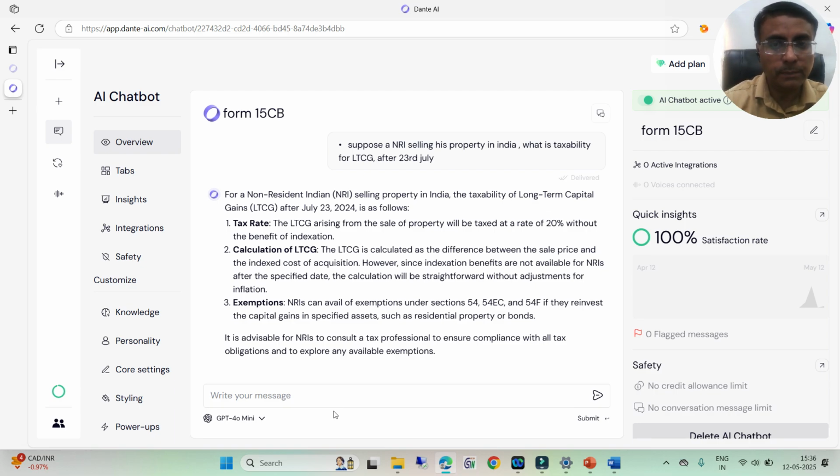Suppose you are selling a DLF flat for 10 crore; it is 12.5% because you bought this property before 23rd July and are selling after 23rd July, so you are not eligible for the indexation benefit. Simple 12.5% on the entire sale consideration of 10 crore. 1 crore 25 lakh TDS needs to be deducted by the resident buyer or non-resident buyer.